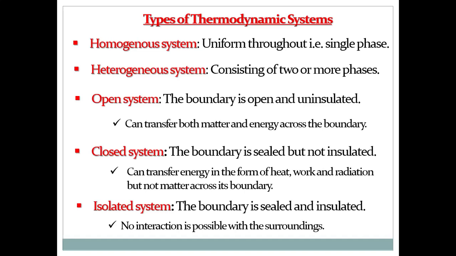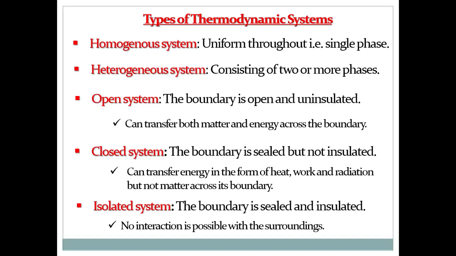A closed system, the boundary is sealed but not insulated. That means energy can move out, but matter won't cross. For that case, maybe a flask that has no vacuum in it, you'll find that there is heat that will flow out, but probably the content in that flask won't flow out.